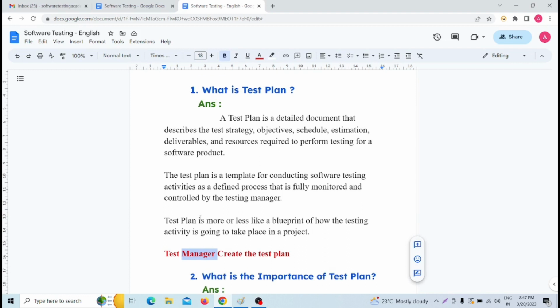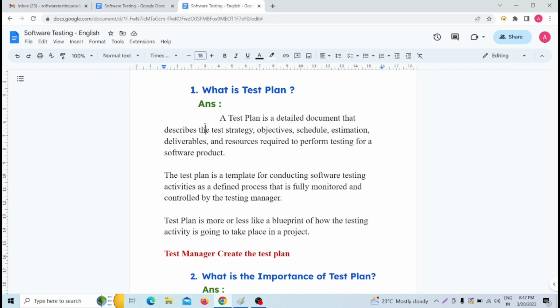Okay, so this is the test plan. A test plan is a detailed document that describes the test strategy, test objectives, schedule, estimation, deliverables, and resources required to perform testing for a software product.